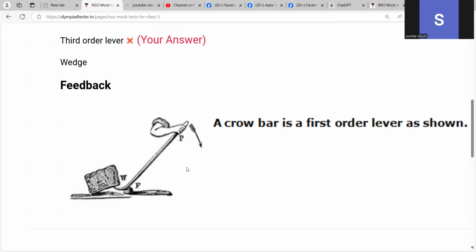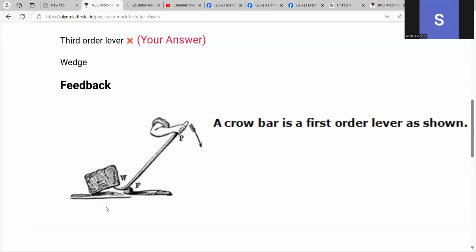In second class lever, the load or workload is positioned between the fulcrum and the effort. The workload would have been between the effort and the fulcrum, or the pressure and the fulcrum. And this is in second class lever.